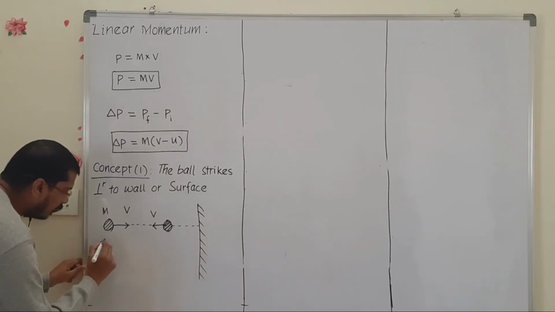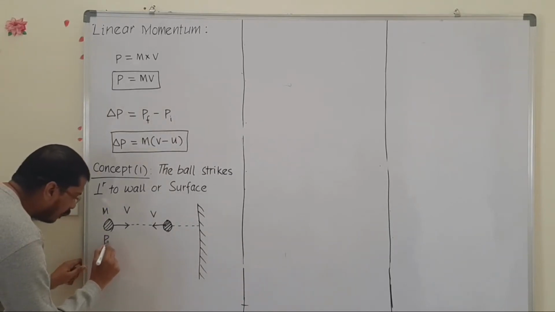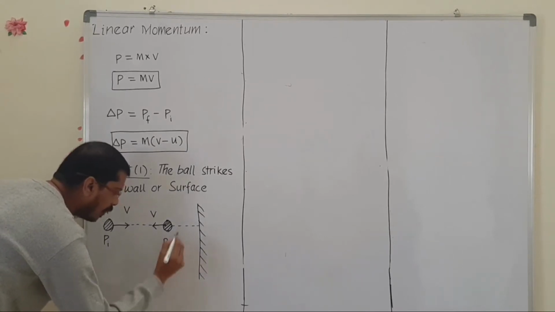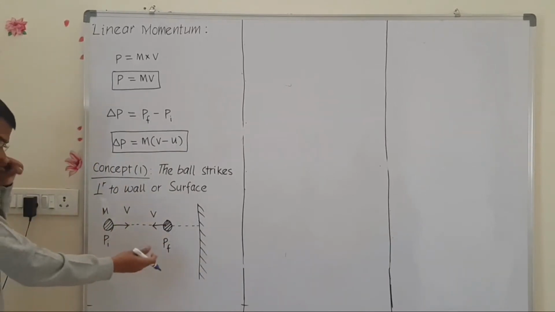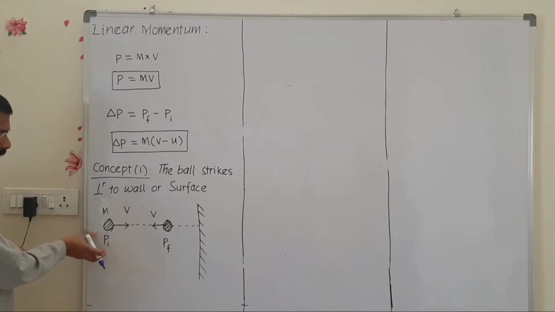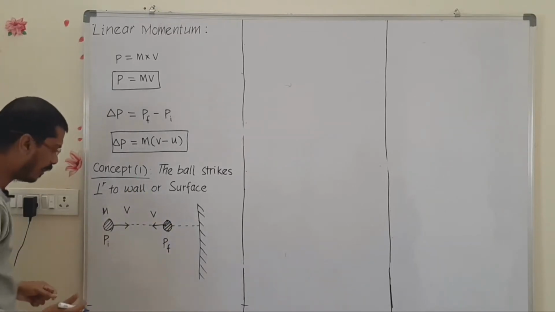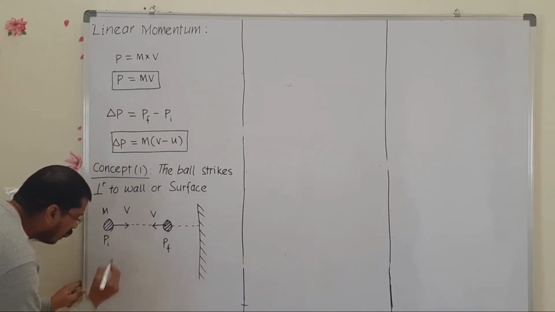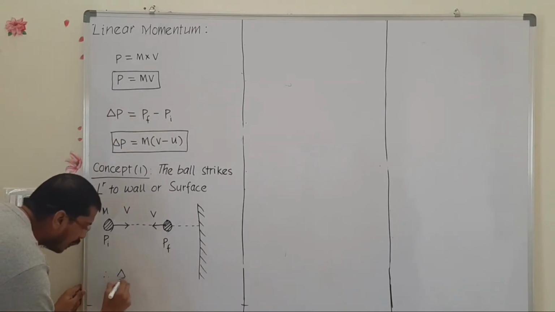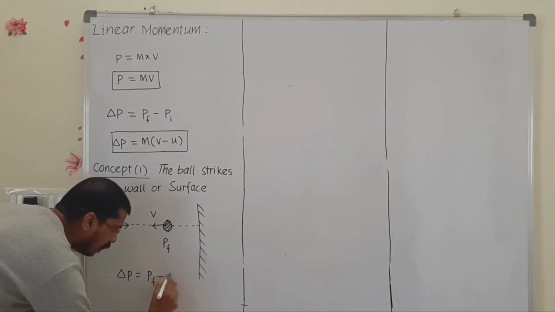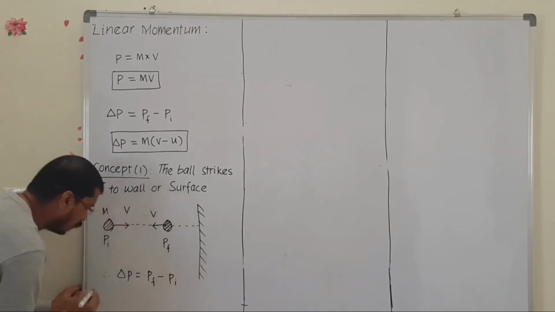Here we can write the momentum initially, and after striking the ball is coming back. This is the initial momentum, and after striking we get the final momentum. Therefore, the change in momentum is equal to final momentum minus initial momentum.